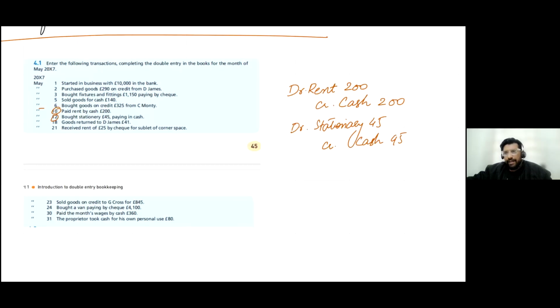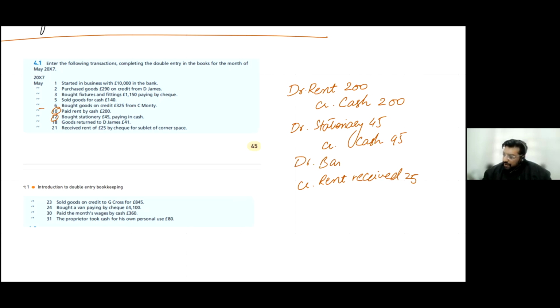Rent received is an income. So rent received credit 25. And because we are receiving that money through the bank, we debit bank. Bank is increasing, bank is an asset, so that's debit.